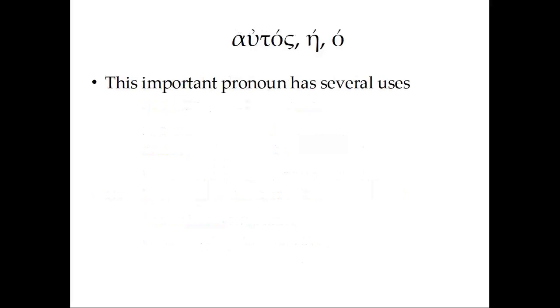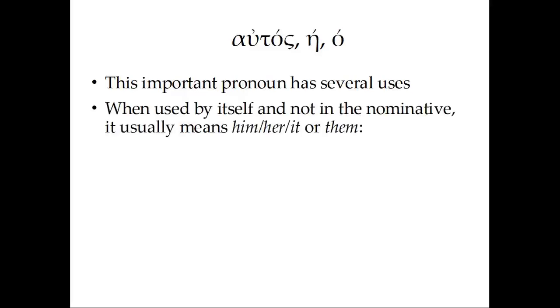Let's look at autos, aute, auto. This is a little more involved. This important pronoun has several uses. When used by itself and not in the nominative, it usually means him, her, it, or them. This is again the third person pronoun, really, which we don't have any other form of. Pisteuo auto. Auto is dative masculine singular.